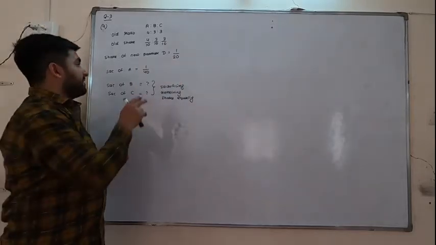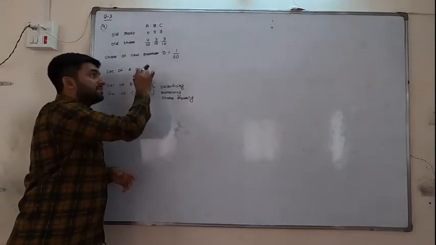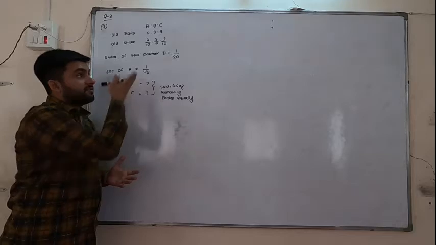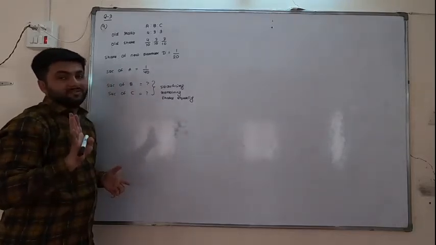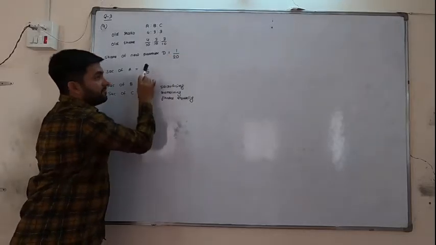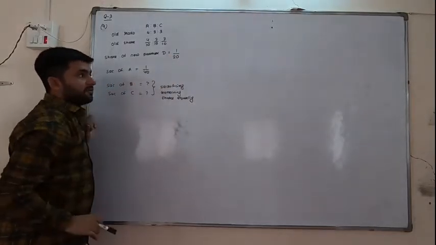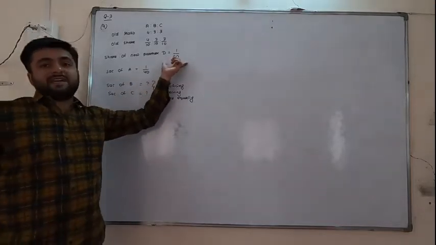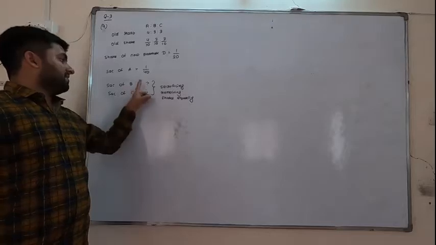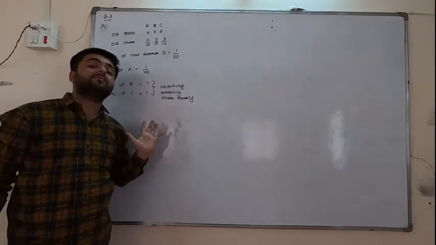From this 1 by 20, A is giving 1 by 40. See, don't think that this denominator is small and this is big, so how can A give 40 share when he wants only 20 share? But think once, this is a decimal. If you do 1 by 20 and 1 by 40, then 1 by 20 is the bigger value. Now the thing is that partner D has to get 1 by 20 share, he is getting 1 by 40 from A and the remaining from B and C equally.